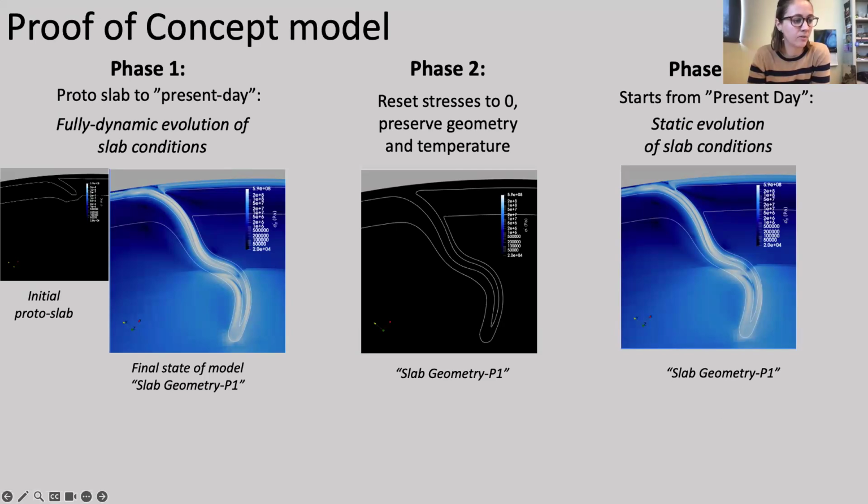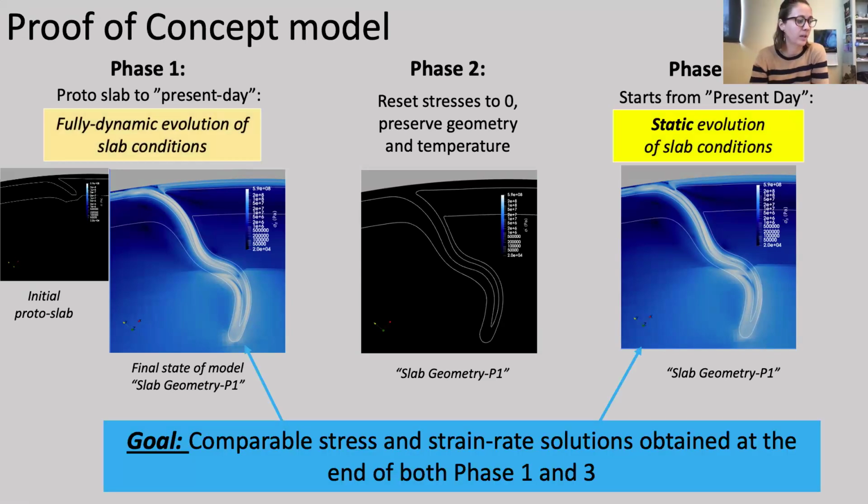We still have that slab geometry P1 that we've preserved across the phases, apply the static method, and end up with a solution that is the static evolution of slab conditions. In this way, we'll be able to compare the stress and strain rate solutions of a fully dynamic slab with something that was statically evolved that has the actual same geometry.